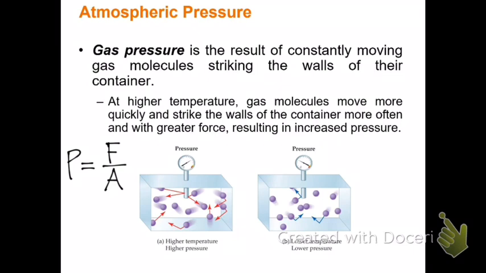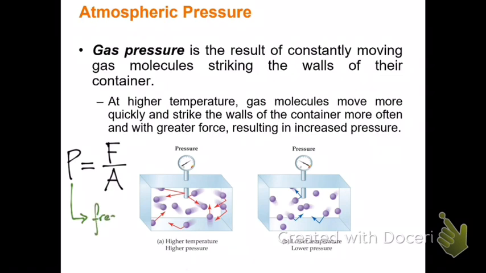And if they move a lot faster, they will hit the container wall more frequently compared to at lower temperature. And so now you can think of pressure, or gas pressure, as frequency of collision.